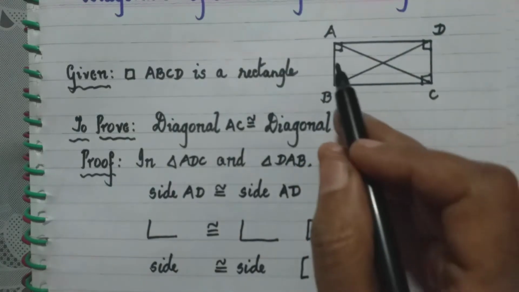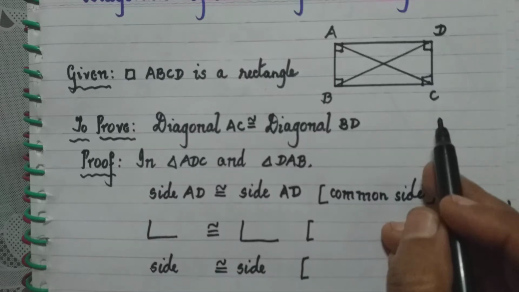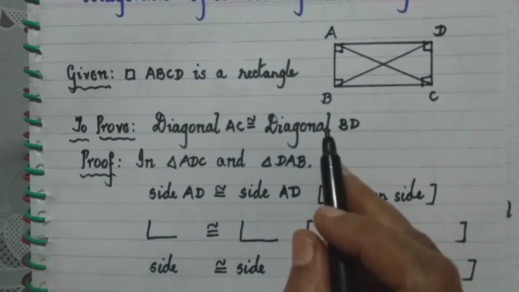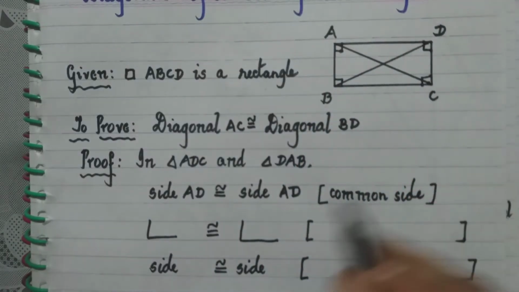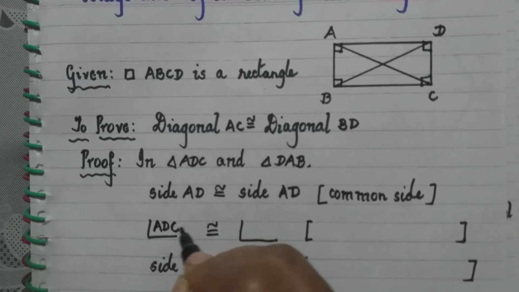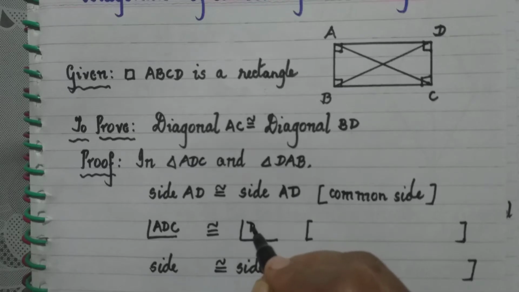Now you see here, in this triangle, angle ADC is congruent to angle DAB. So I can write here angle ADC is congruent to angle DAB.